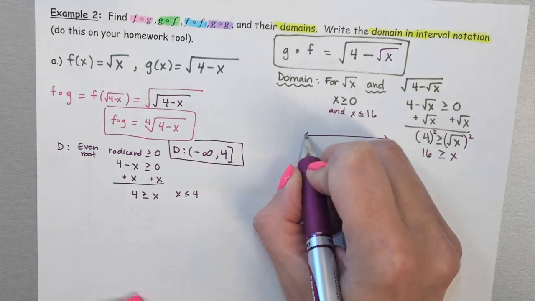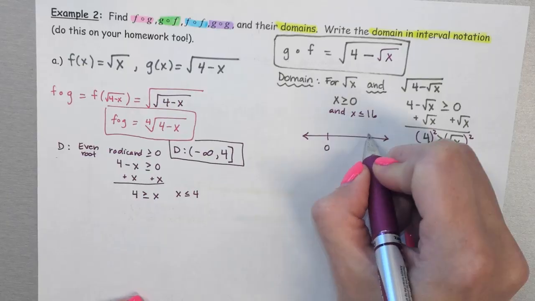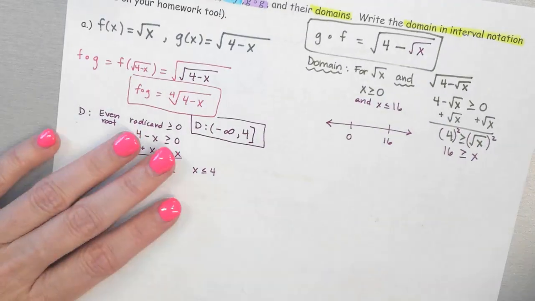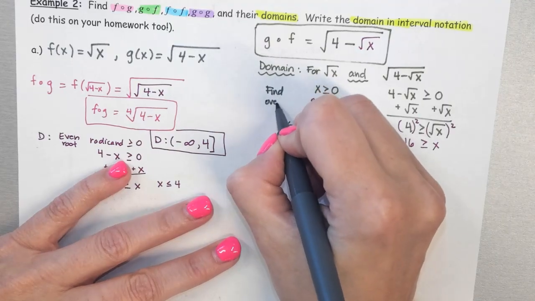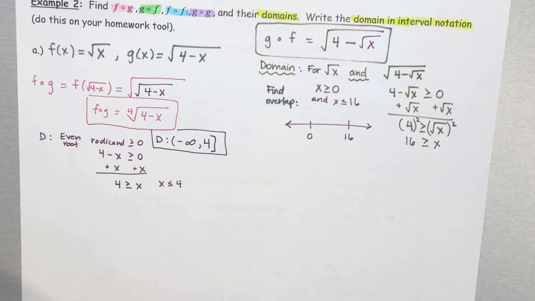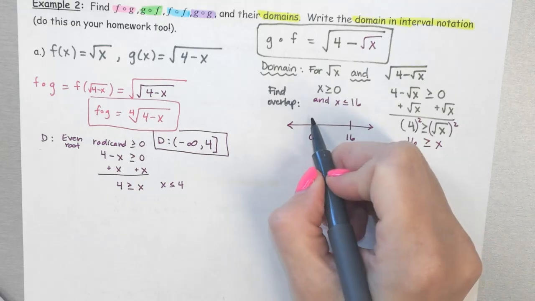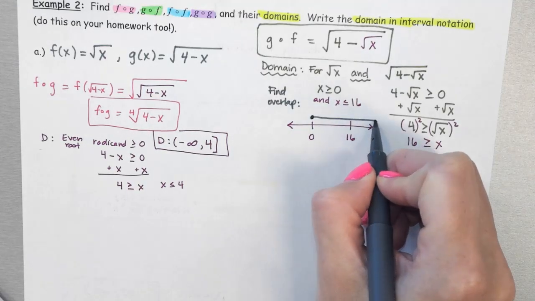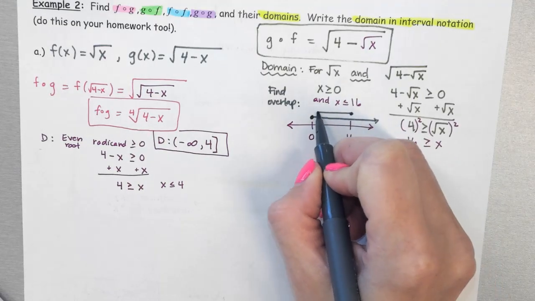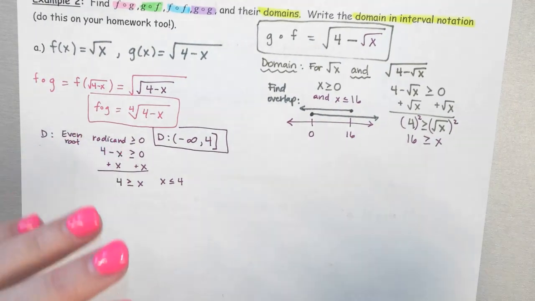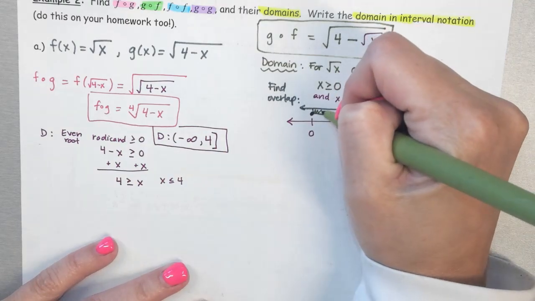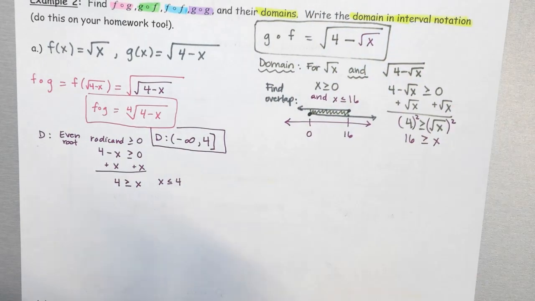If you use your number line, all you have to do is find where they overlap. It's similar to the union symbol, the upside down U. So you're finding all the values where x is greater than or equal to 0, also less than or equal to 16. Okay, so your overlap is here from 0 to 16.